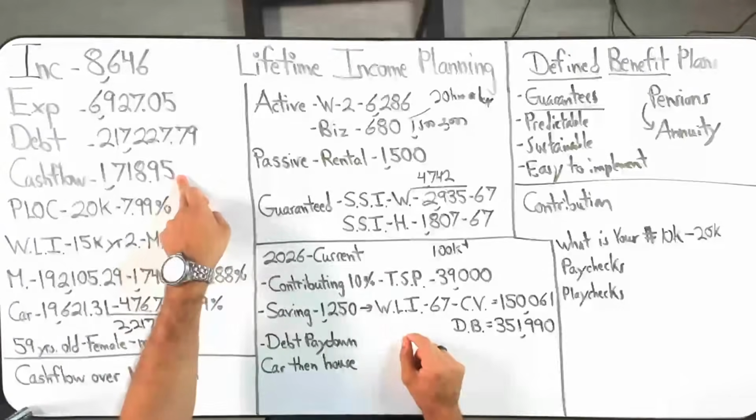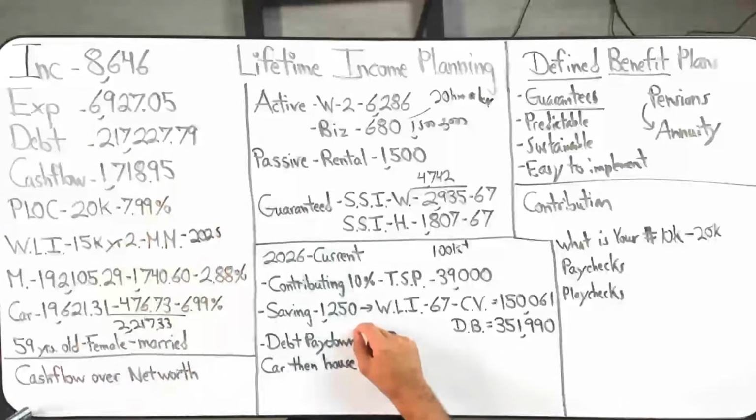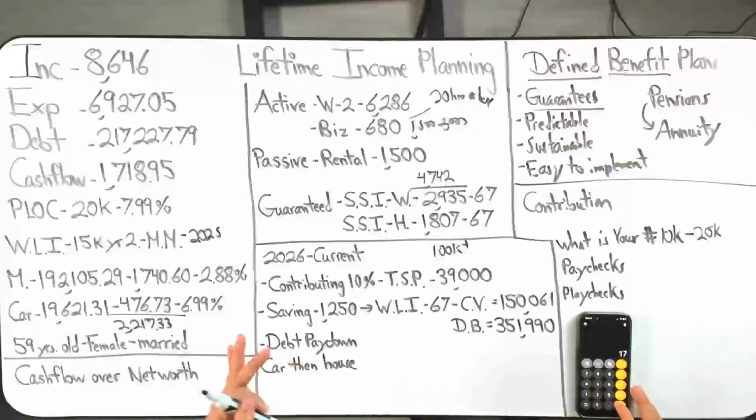So when we look at this cash flow and savings, what do we have? We got 1,000, and I'll round down just to make it easy, 1,700 and 1,250. We have $2,950 times that by 12.